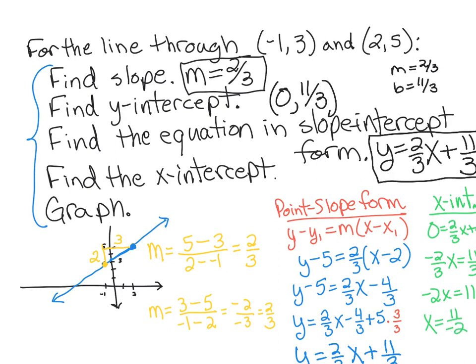So I see that my x-intercept is negative, and it's a fraction. That's a pretty big number. So my x-intercept, when x is minus 11 halves, I said thirds earlier, y is 0.